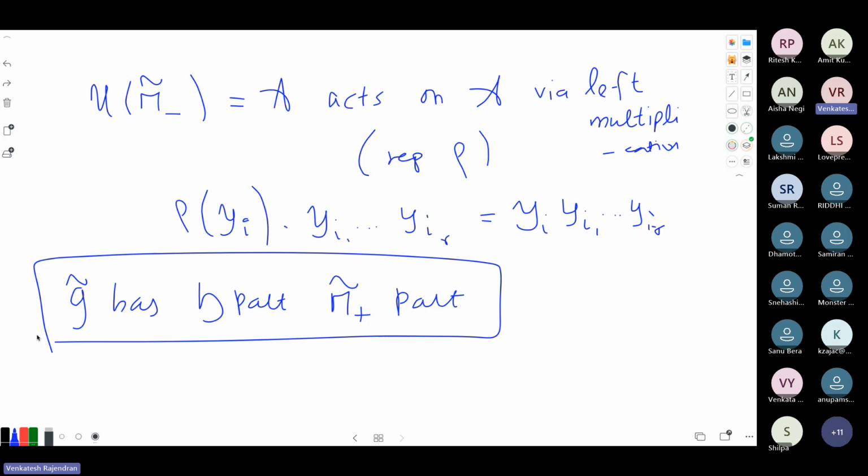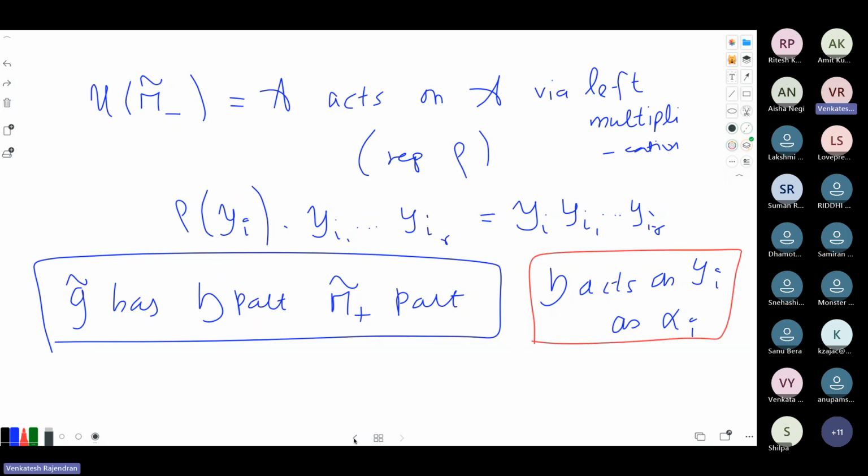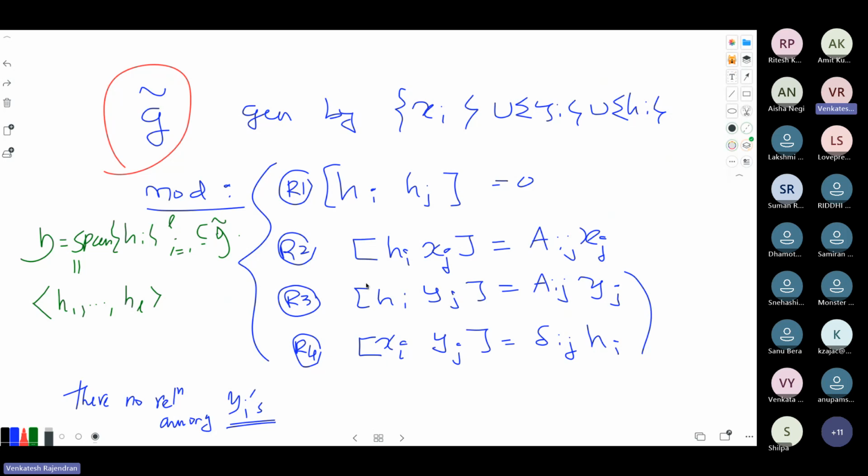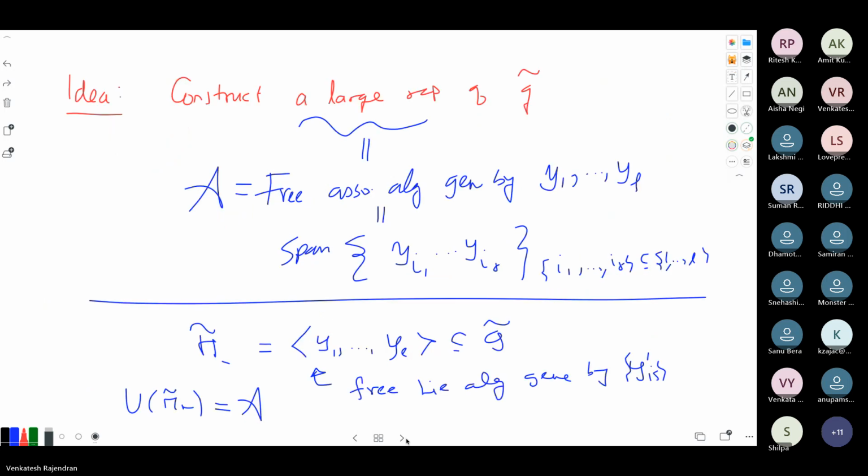Note that each yi is a weight vector for H. H acts on yj as minus alpha j. I missed a minus there.